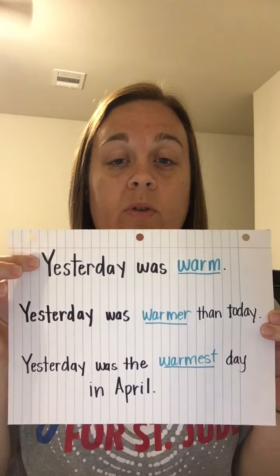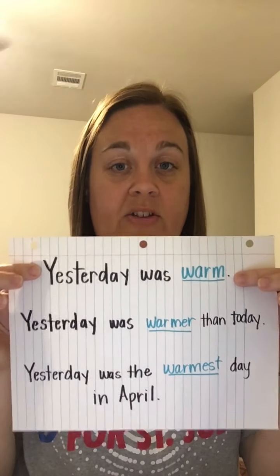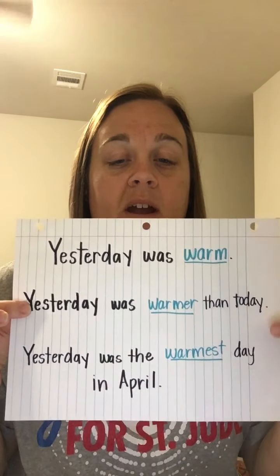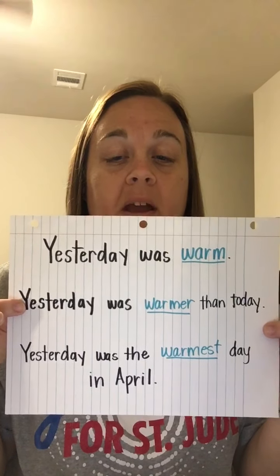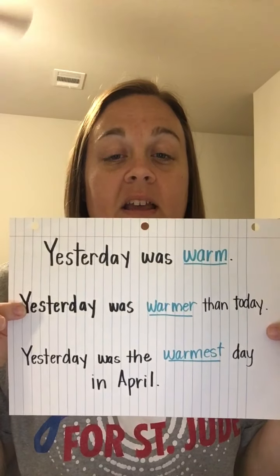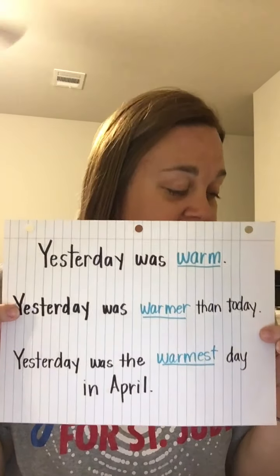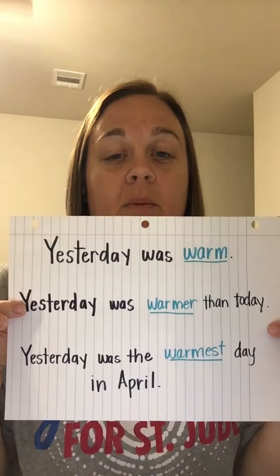So yesterday was warm. The word warm is our adjective. It's describing yesterday. When we look right here, yesterday was warmer than today. So we're comparing yesterday and today. We're comparing two things, so that is a comparative adjective. Warmer is our comparative adjective.